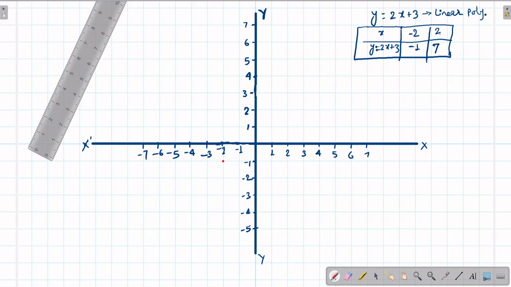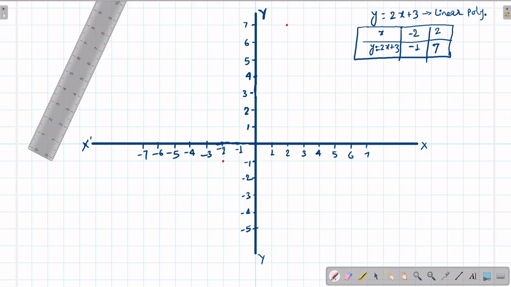Then the next point is (2, 7). So 2 is on the x-axis, so from the origin you need to move 2 units in the x direction, and 7 units in the y direction. So this is the 7 here on y, and this point will be (2, 7).